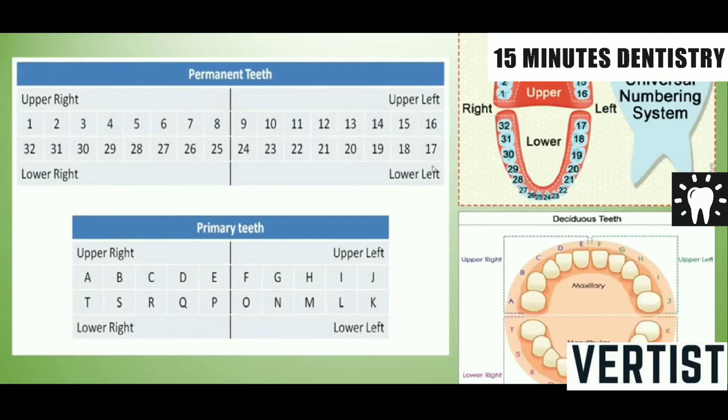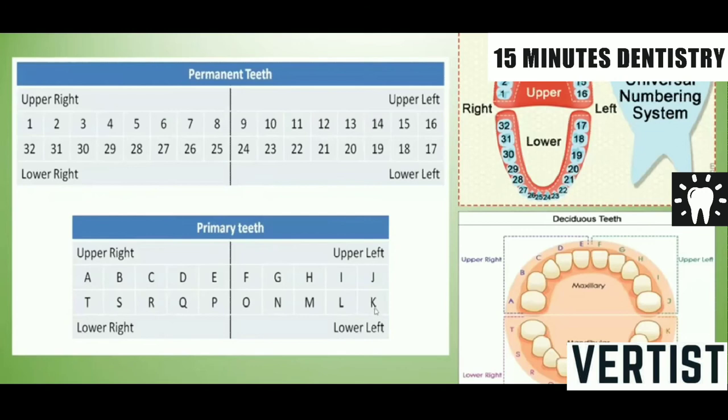So 1, 16, 17 and 32 are the molars, while 8, 9, 24, 25, for example, are the incisors. This is for the permanent teeth, and for the primary teeth, uppercase English alphabets are used, going upper right, upper left, and lower left, lower right. To begin with, A is the maxillary deciduous second molar, continuing along the maxillary arch. On the left side, the second molar is J, dropping down to the mandibular arch.